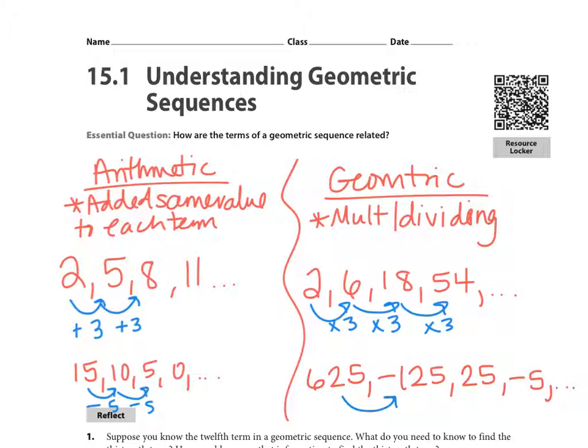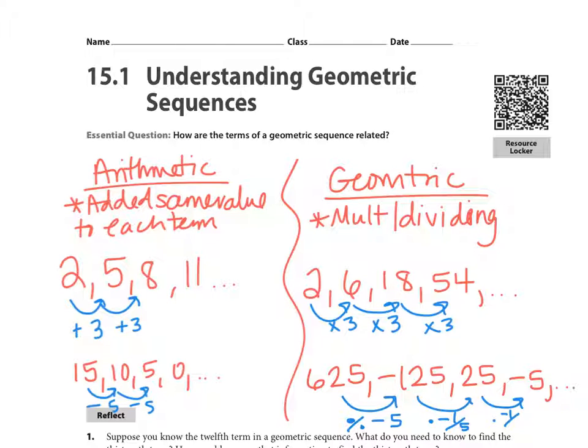Now I am going to tell you, you can do this two ways, and you just have to take note of this. You can either say you are dividing by negative 5, and you could have used a calculator to figure out that pattern, or, and I think this is better, keep it multiplication, but because it's getting smaller, we're going to use a fraction. So it's multiplying by negative 1/5.